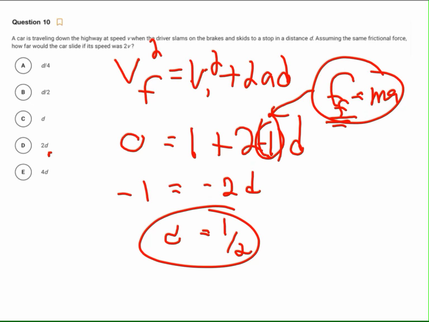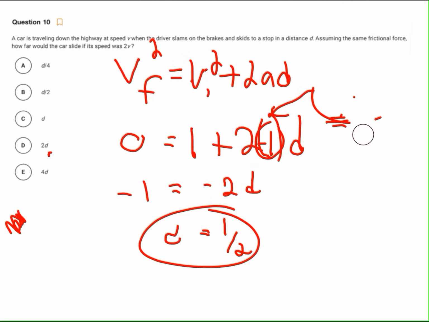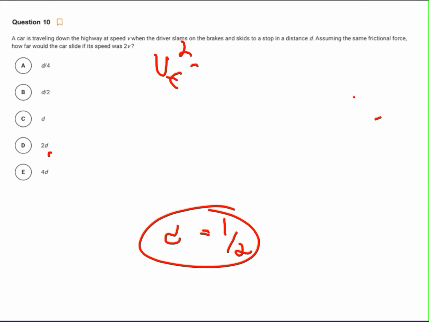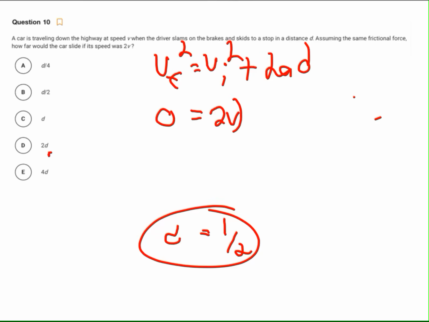Now, how does that compare to the second scenario? Well, in the second scenario, we have the same formula. VF squared equals VI squared plus 2AD. VF is still 0. This is going to be 2V.